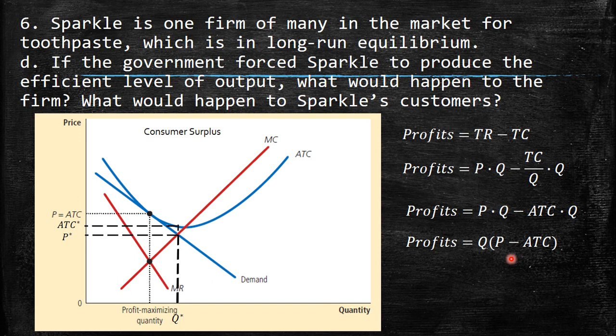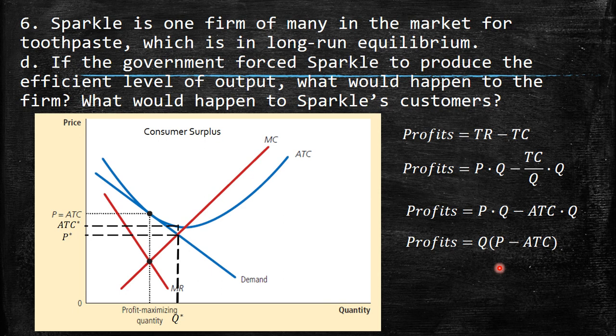When the price is lower than average total cost, we are in a situation where the firm has profits lower than zero, and this is actually the case. As a matter of fact, here the average total cost is higher than the price, so the profits are negative.